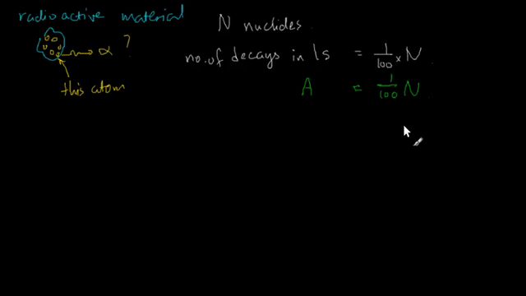Now, if you have learned calculus and differential equations, you'll know that the activity, the number of decays per second, we can think of in terms of the rate of change of n.